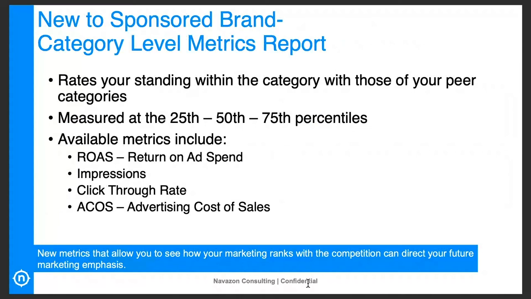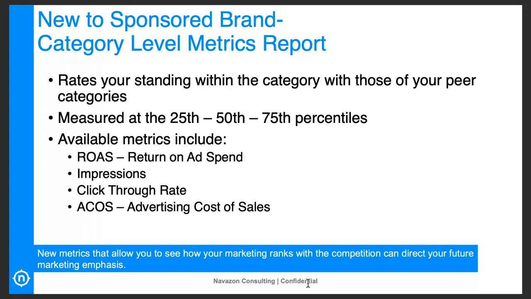Now, you might say, why do you have 25th, 50th, and 75th percentile? And again, you really have to be in the category and in the know. Again, it's just really exciting because, if you're at the 25th percentile, there could be reasons for that. For instance, you could be a brand that's brand new in that particular category.